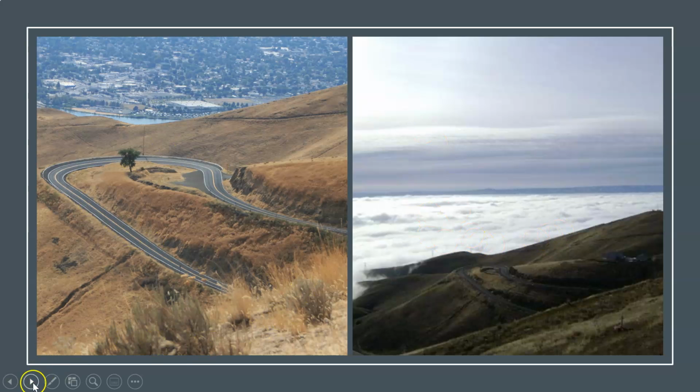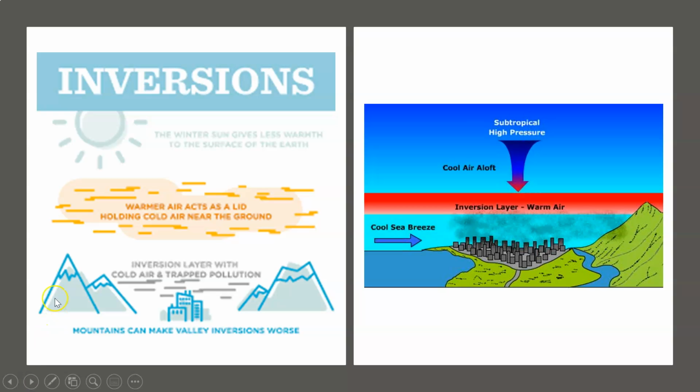So this happens in cities and in mountainous areas. So what I just showed you was a mountainous area. This is up in the mountains of, well, not really mountains, but the mountains of Idaho and Washington, which traps that cold air near the ground, causing that air pollution to get worse. We also see this in a place like LA.